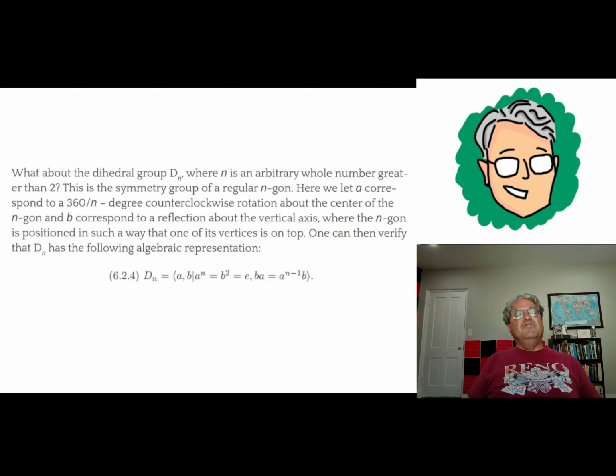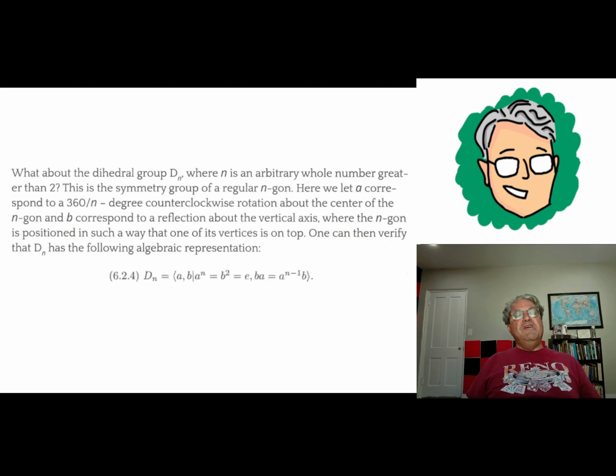So if you write down the algebra, you notice that A to the n is equal to E. That's just saying if you apply the counterclockwise rotation n times, you get back what you started. You've done a full 360-degree rotation. And similarly, since B is the same thing we had before, B squared is equal to E.